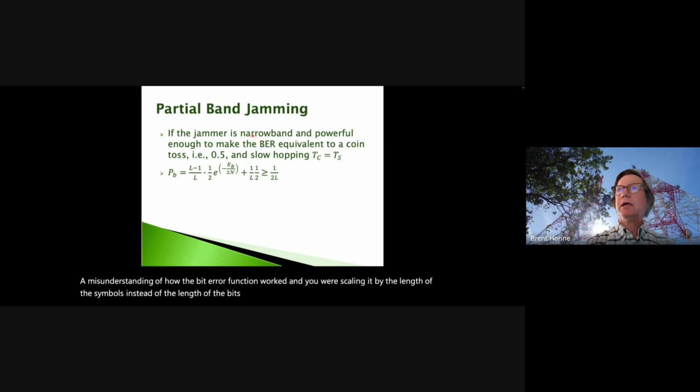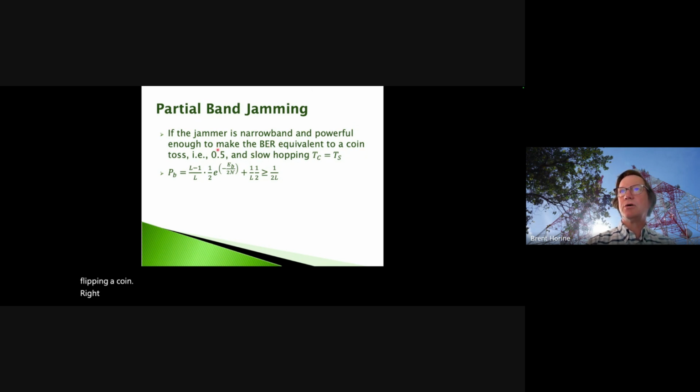But if you end up with a bit error rate of greater than 0.5, well, you're doing worse than guessing at that point, so you probably have something wrong in your simulation. That's kind of an aside. But at 0.5, you're essentially just flipping a coin, so that jammer would therefore be effective, right?